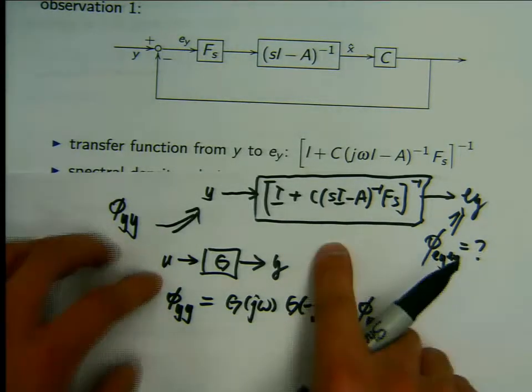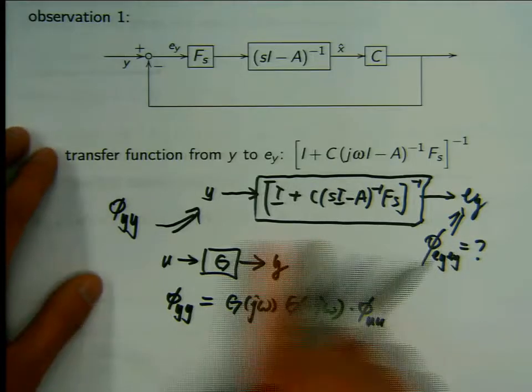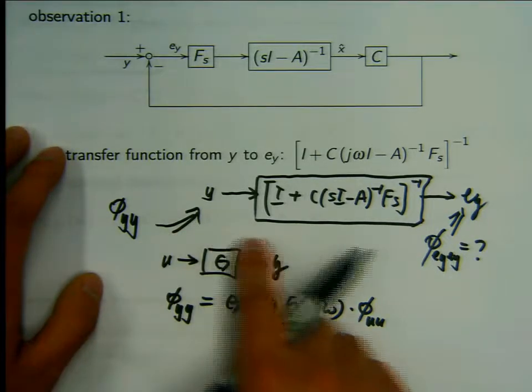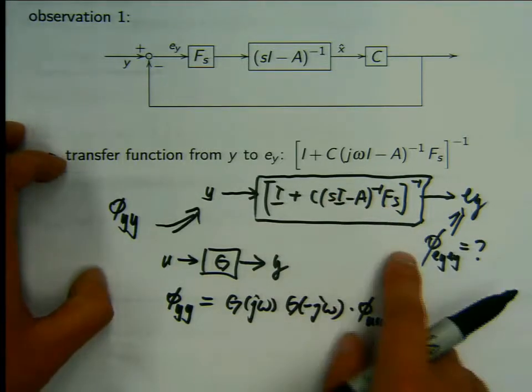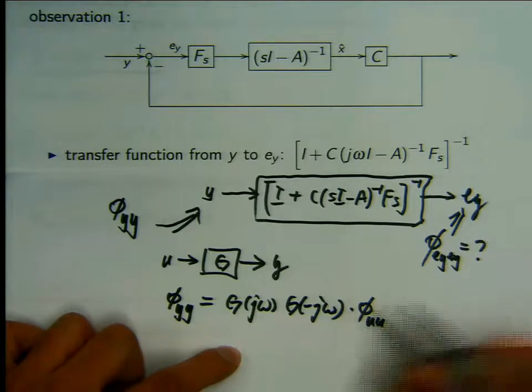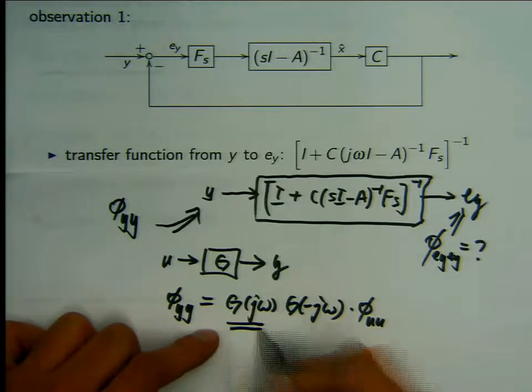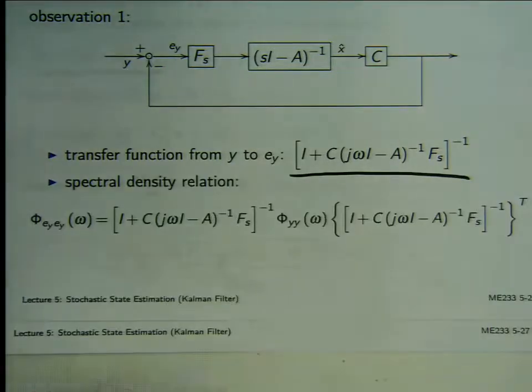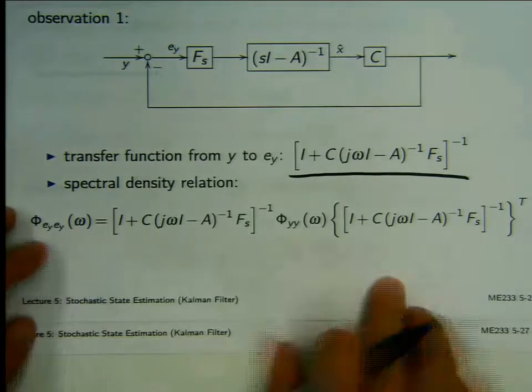So for this case, this is just the matrix case, the multiple input, multiple output matrix, and these are the inputs. So you're going to see that the system dynamics is going to appear twice. The result is this, okay?